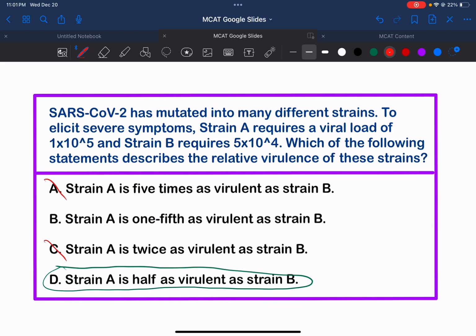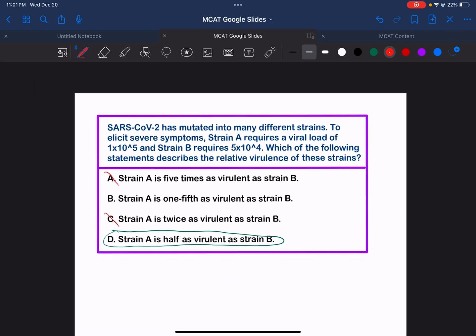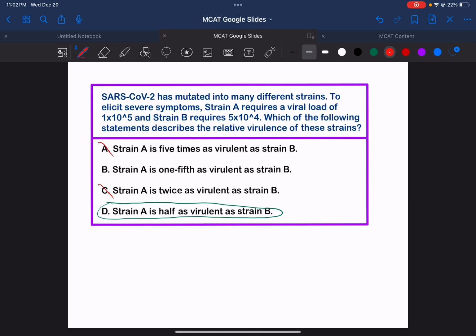Now, B and D. Which one? Well, the way the answers are set up, it's telling you essentially that strain A needs to be on the bottom. It needs to be in the denominator.